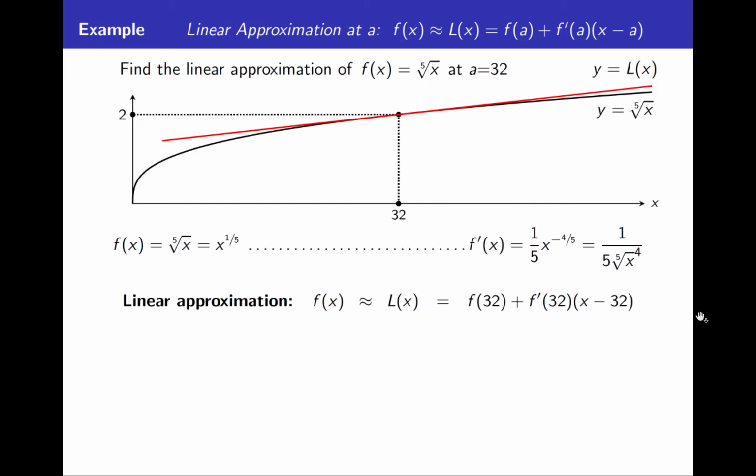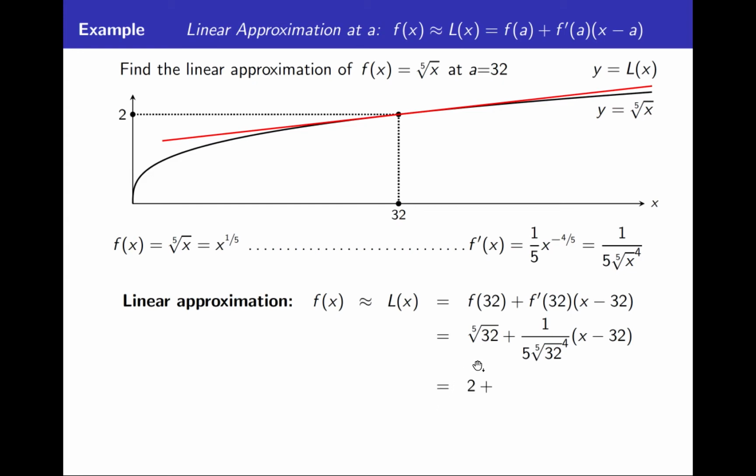We're just plugging 32 in for a into our approximation formula. So f of 32, remember f is the fifth root of x, so f of 32 is the fifth root of 32. Then f prime of 32 would be this expression with 32 plugged in for x, and we multiply it by the x minus 32.